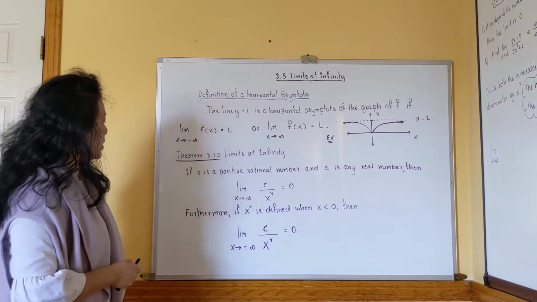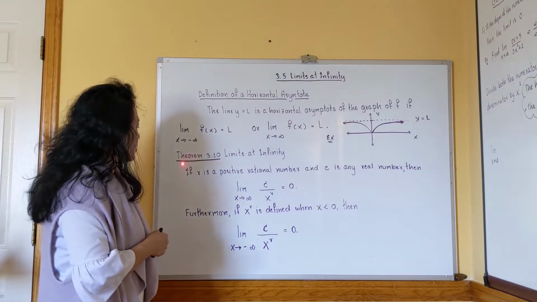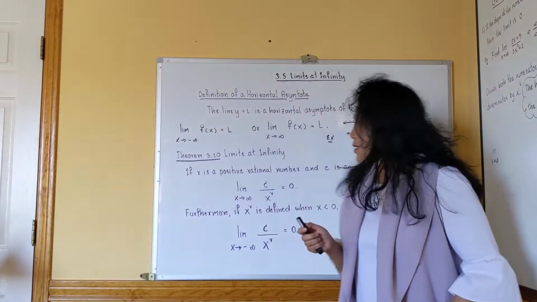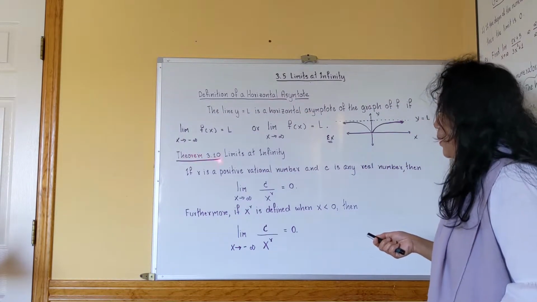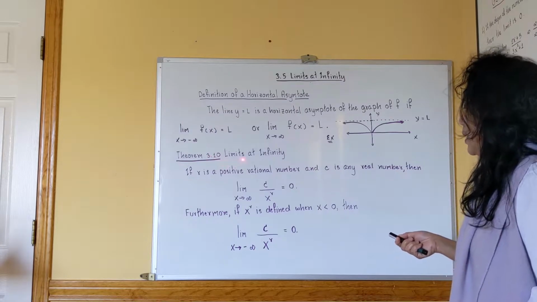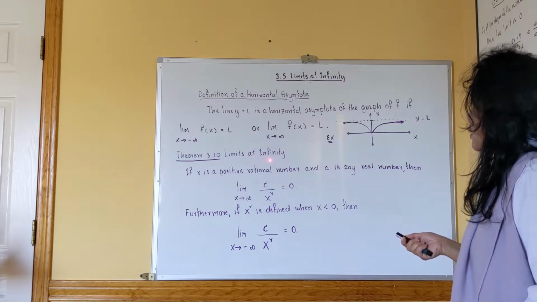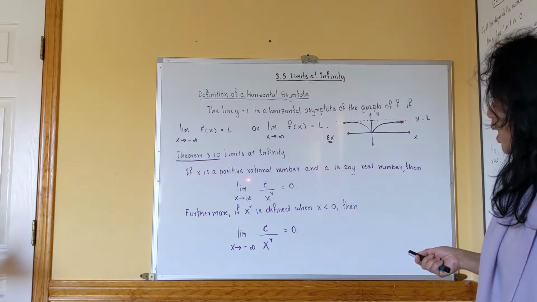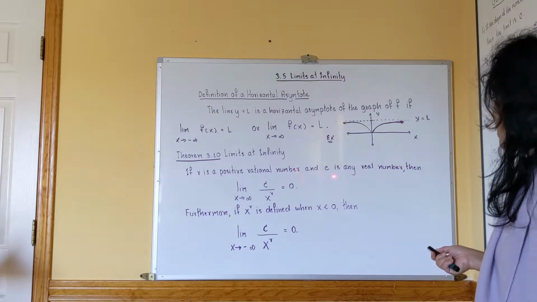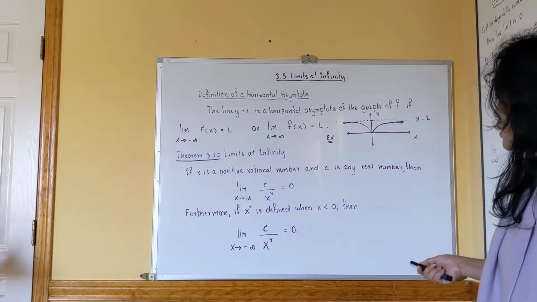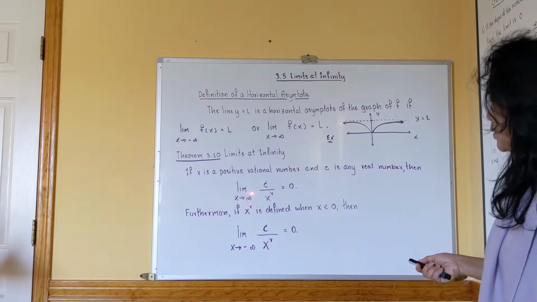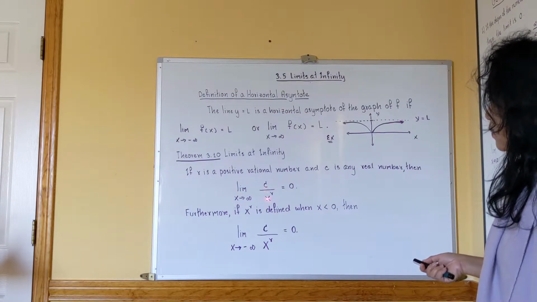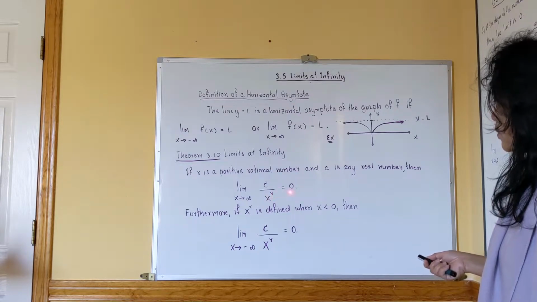Let's look at the next theorem. Theorem 3.10, limits at infinity. We have if r is a positive rational number and c is any real number, then the limit as x goes to infinity of c over x to the r equals 0.